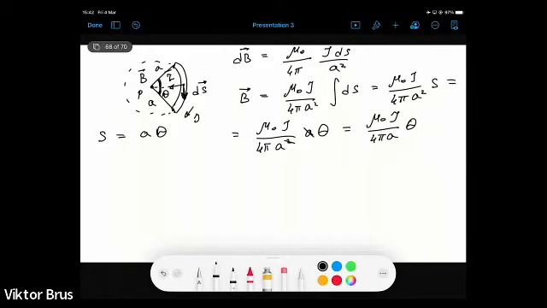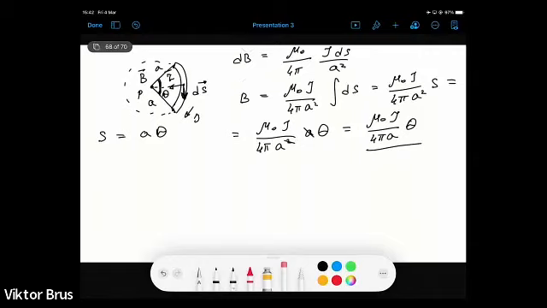So that is the expression for the magnetic field vector. So here we did it for the absolute value, so we can take away these vectors.